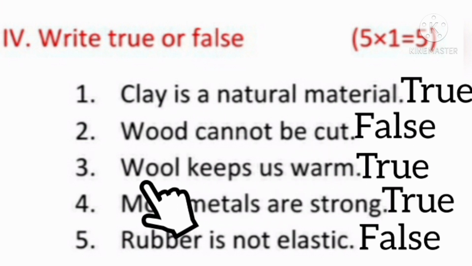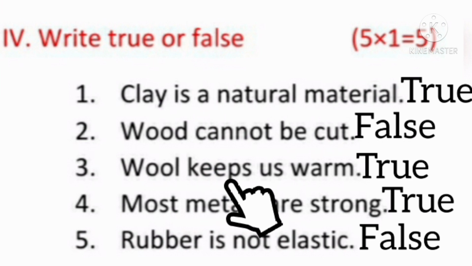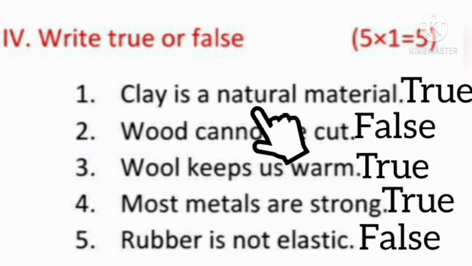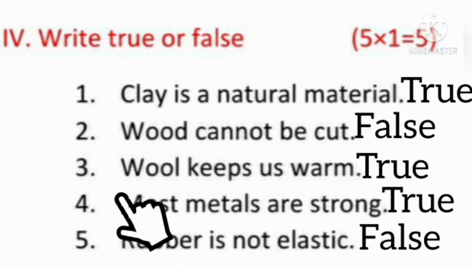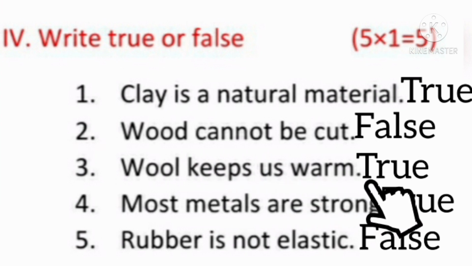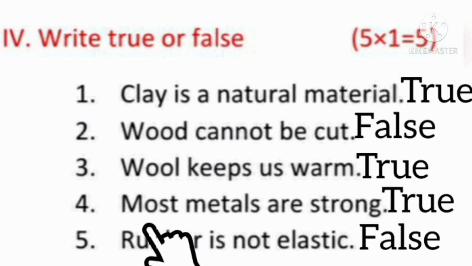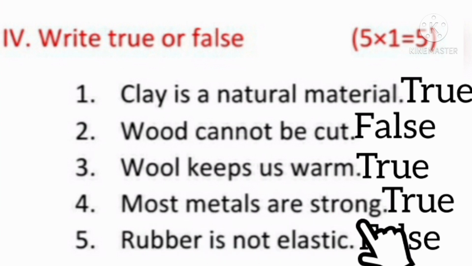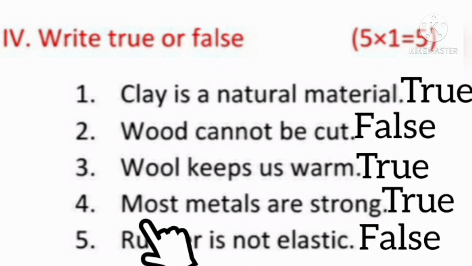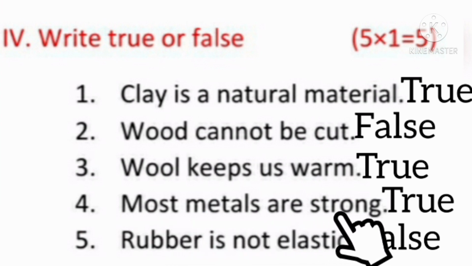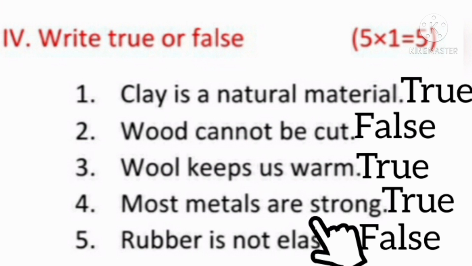Third one, wool keeps us warm. Is this correct, children? Yes, very good. So, we should write true. Next one, most metals are strong. Generally, all the metals are strong. So, most metals are strong.